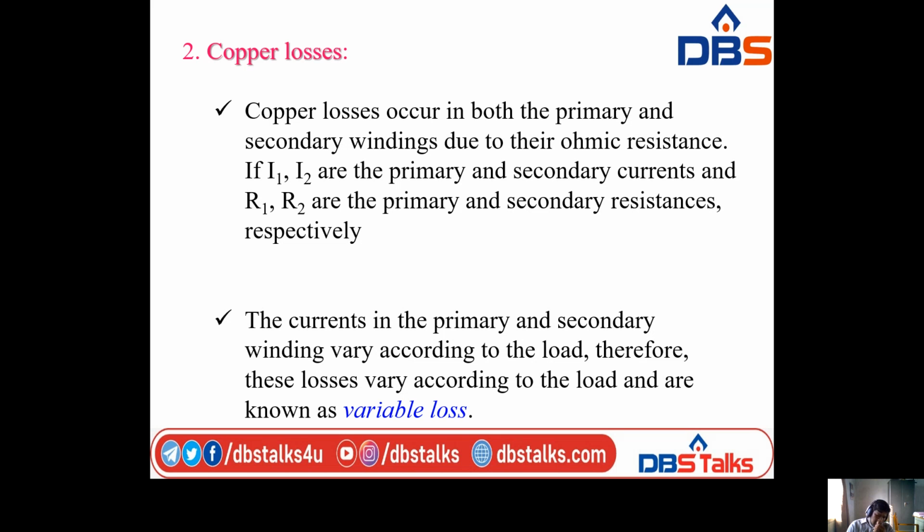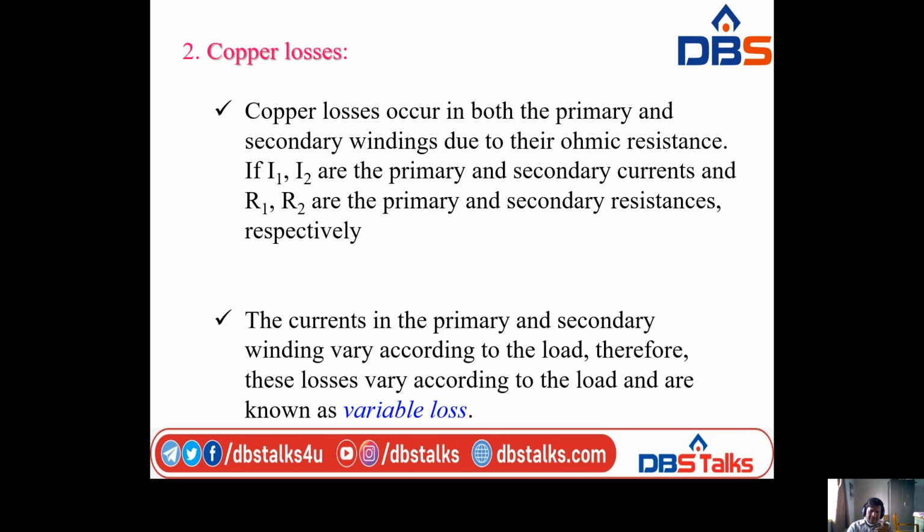Therefore, total copper loss, PCU or WCU, is equal to I1 square R1 plus I2 square R2. We can also express copper losses in terms of equivalent resistance, referred to the primary or to the secondary. Referred to the primary, the copper loss is I1 square R01, or R1 equivalent. Similarly, referred to the secondary, it is I2 square R02, otherwise R2 equivalent. Otherwise, you can calculate copper losses as I1 square R1 plus I2 square R2.